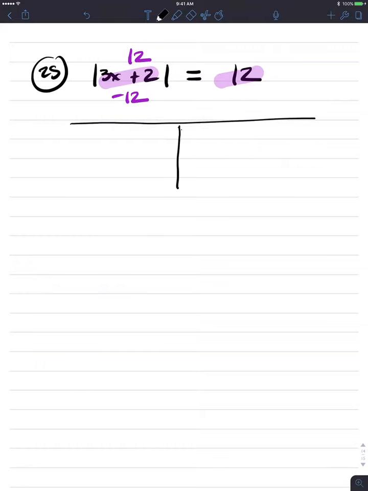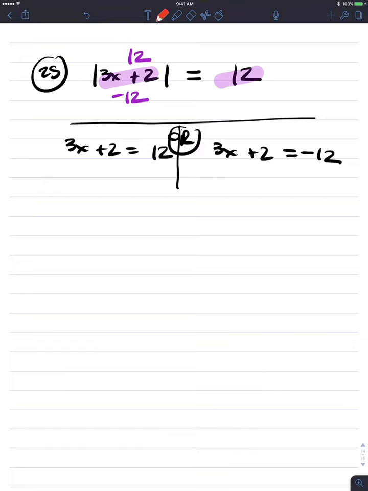Let's use our format. 3x plus 2 is 12, or 3x plus 2, let's write this clearer, is negative 12. We have two linear equations to solve.